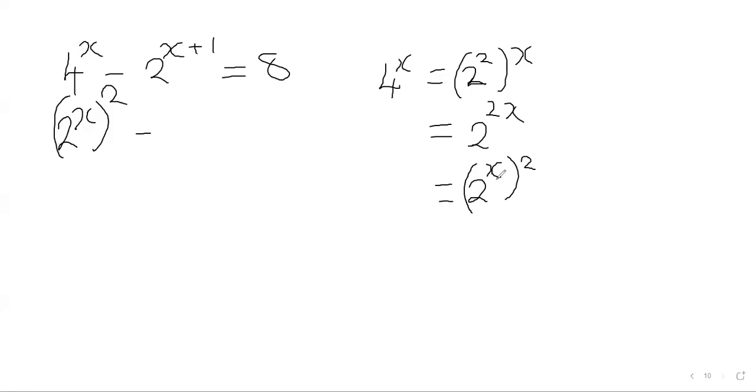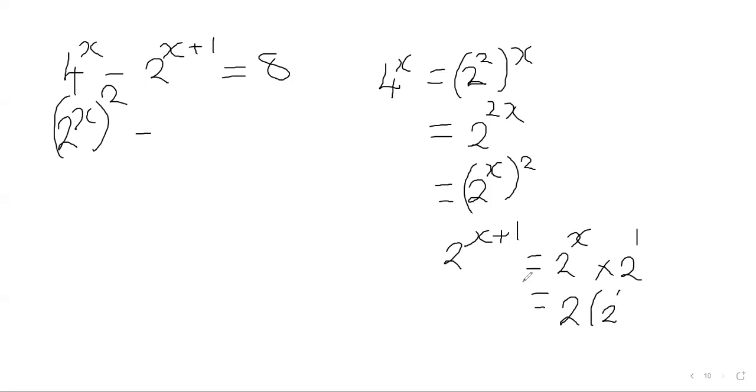Minus, when we come to 2 to the power x plus 1, by the laws of indices, for the powers to be added like that, the initial expression was 2 to the power x multiplied by 2 to the power 1. So this is the same as 2 multiplied by 2 to the power x. So that's what we have here, 2 open brackets 2 to the power x, equals 8.